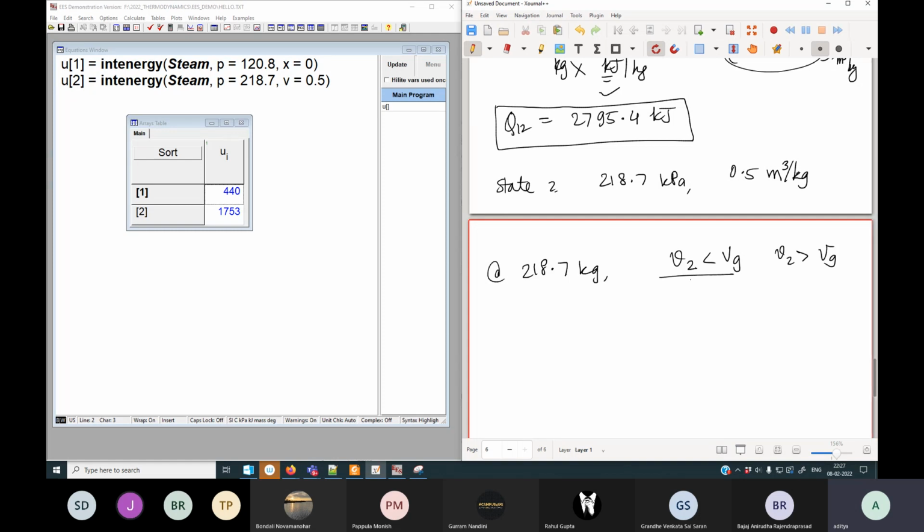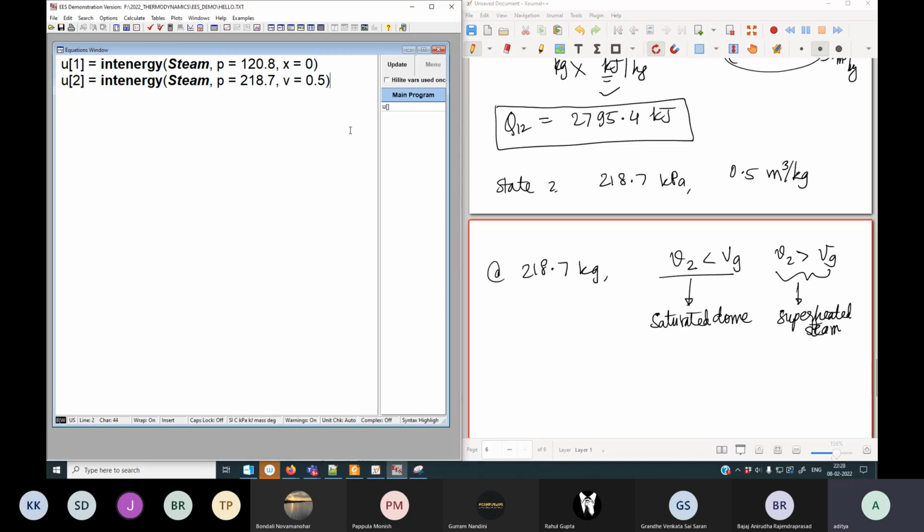If v2 is less than vg, then we are in the saturated dome. If v2 is greater than vg, then we are in the superheated steam. Over here I'm not going to do this, you have to go ahead and do it. Did I write kg? This should be kPa.